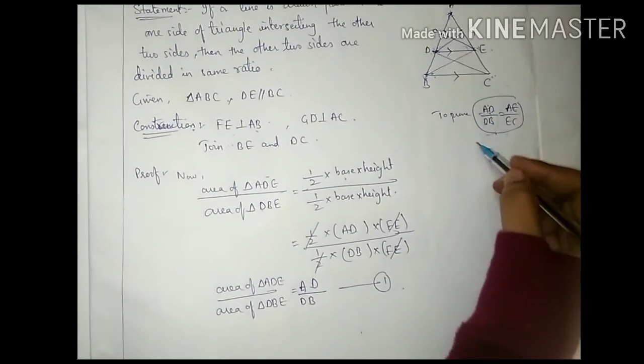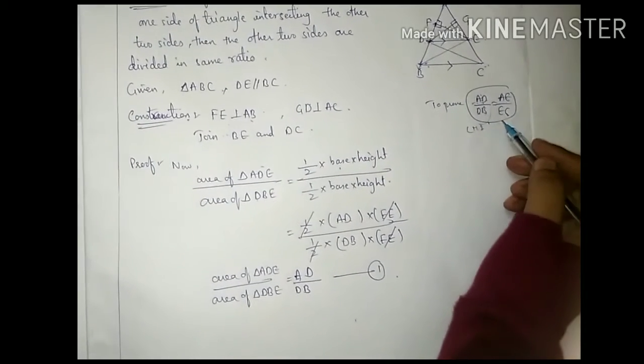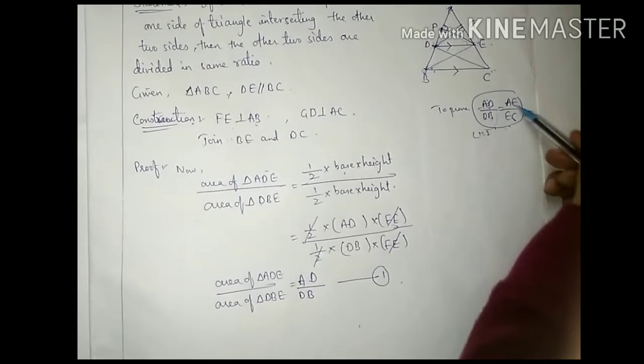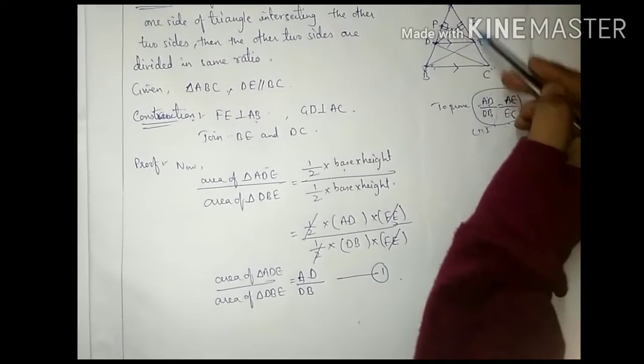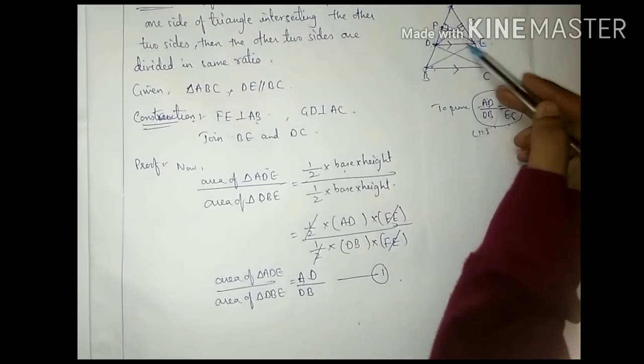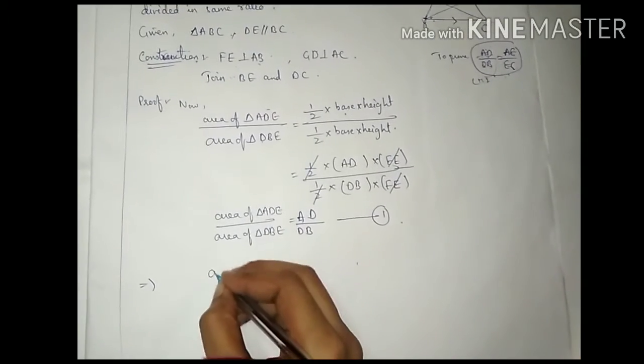So first you got this left hand side, now you need to go for the right side. Similarly we will take the two triangles for AE and EC, that is the area of triangle ADE and triangle EDC.